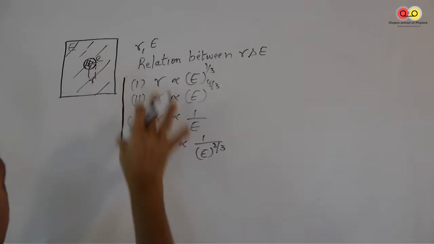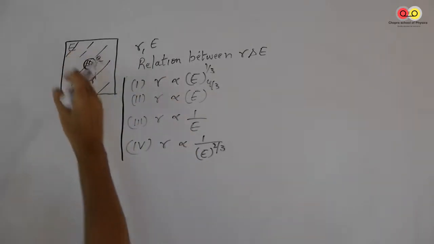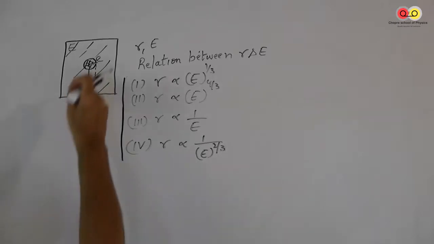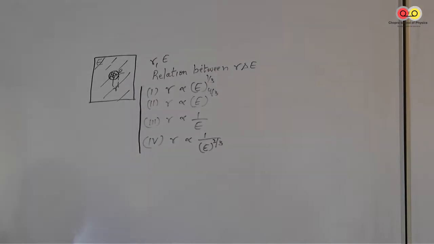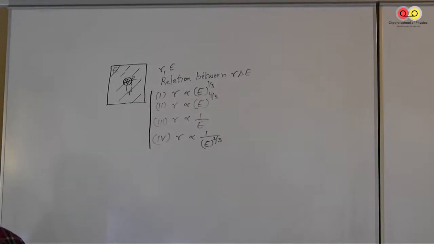Now to solve this question, neither electric field is given, nor the radius is given, and the electronic charge is e. You will remember, the most elementary charge in our universe is e. e means either electronic charge or proton charge.